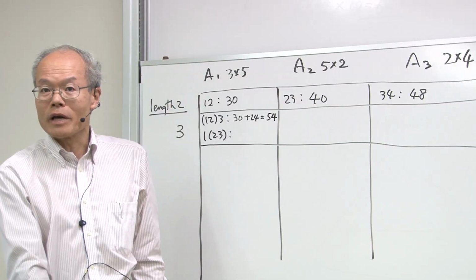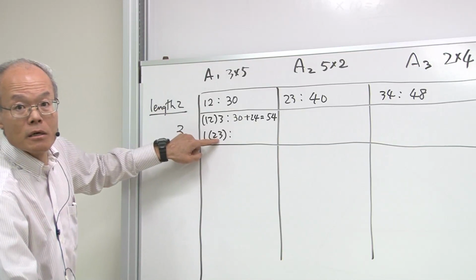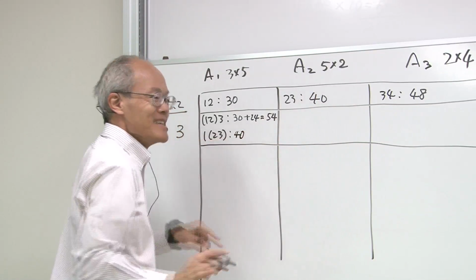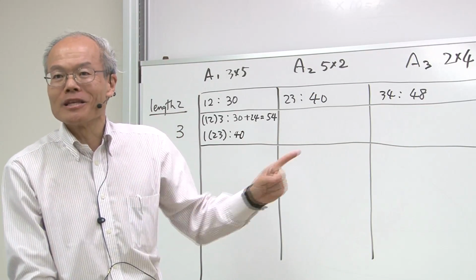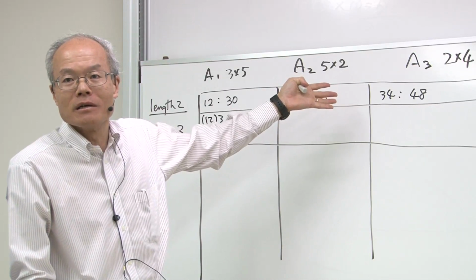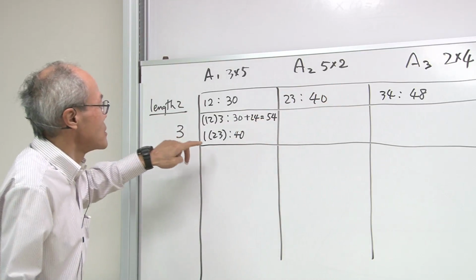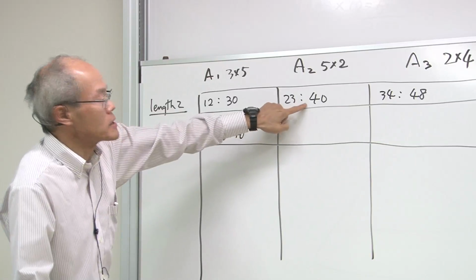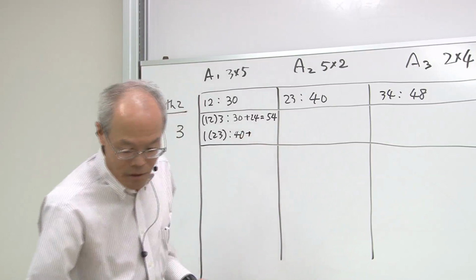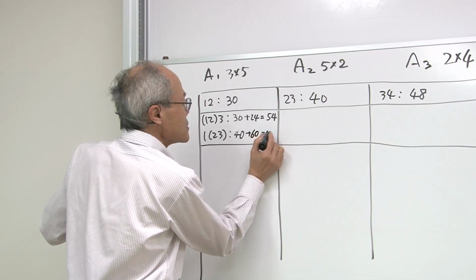Is this clear? Okay. Now this. In order to multiply 2 and 3, you already have the answer, 40. So the idea is that when constructing this table, you can use the previous data efficiently. That is the idea. So in order to multiply 2 and 3, we already have the answer, that is 40, plus 60, which is equal to 100. Why 60?